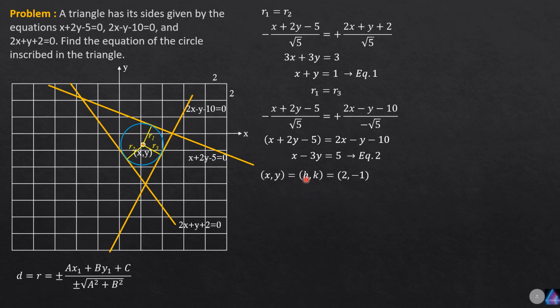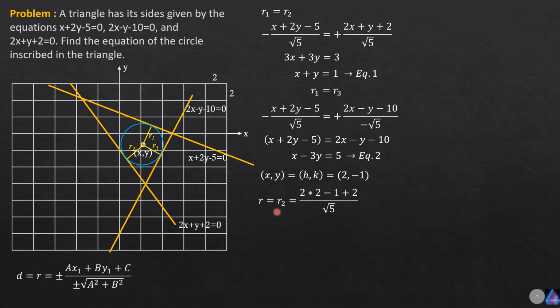So this is the point, or the center, h comma k. Solving equations 1 and 2 simultaneously, we have x is 2 and y is negative 1. The standard equation of the circle is quantity x minus h squared plus y minus k squared equals radius squared. So r equals r2.